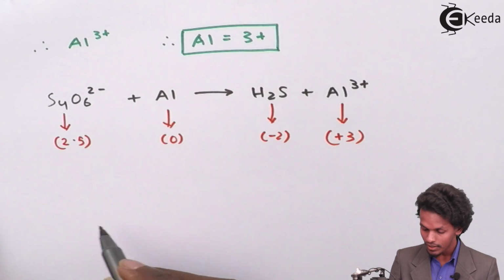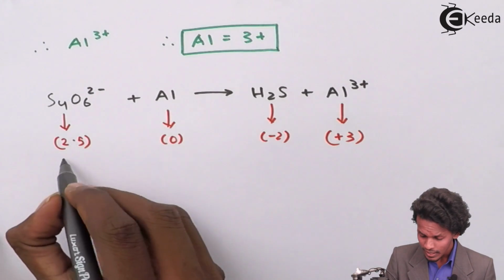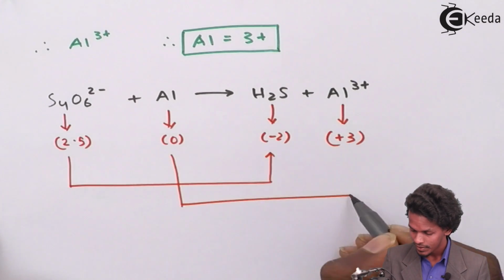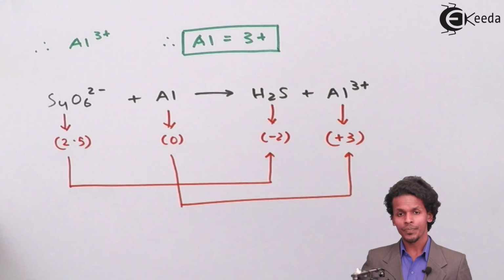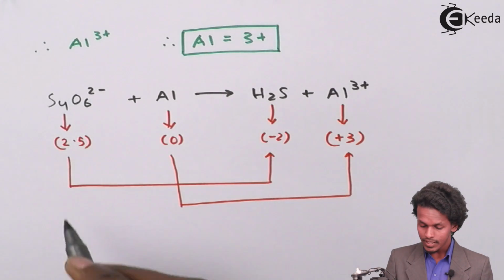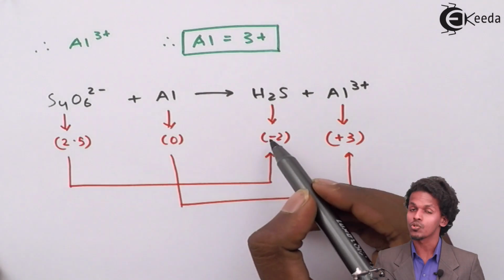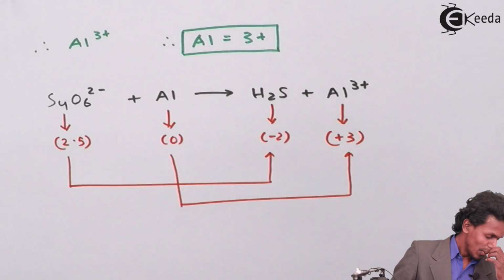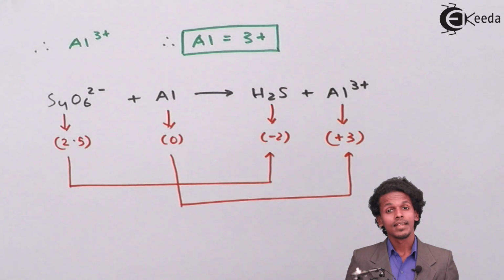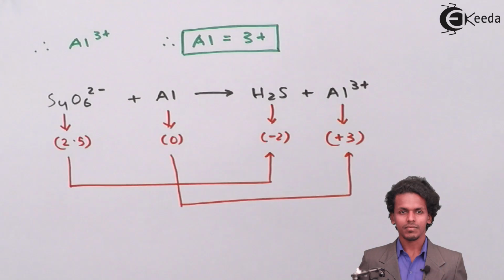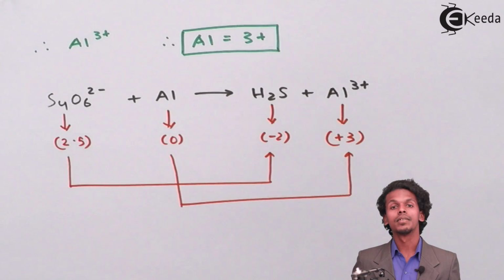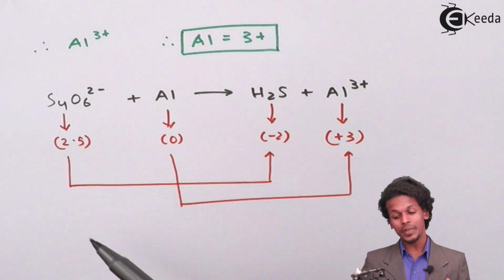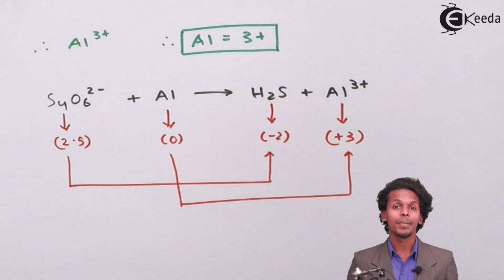So in this case, what we are going to do is check what happens for these two reactant molecules. If this 2.5 is being converted into -2, which means the oxidation number has been decreased. So the oxidation number of sulfur 2.5 is being decreased to -2.